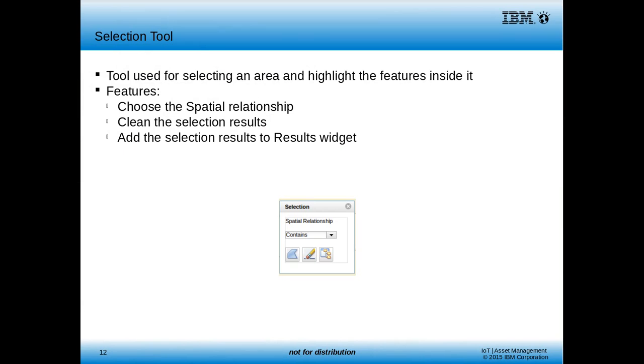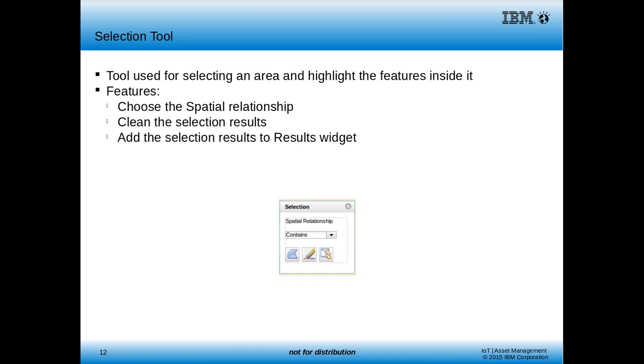The next tool is the selection tool. With this tool, what you can do is select an area. You can draw a region or an area, and you highlight all the features inside the region you have just created. When the features are highlighted, the identify tool is enabled, so you can click inside this region and get all the information from the features.